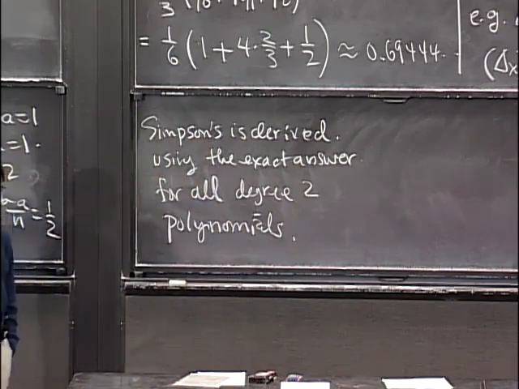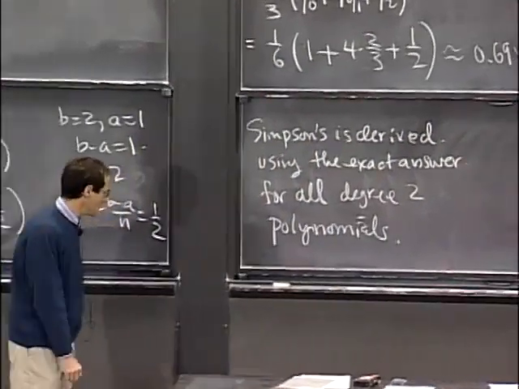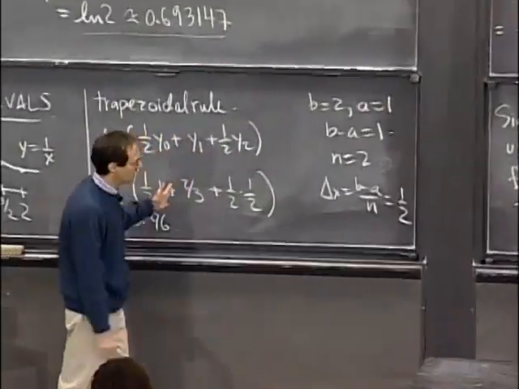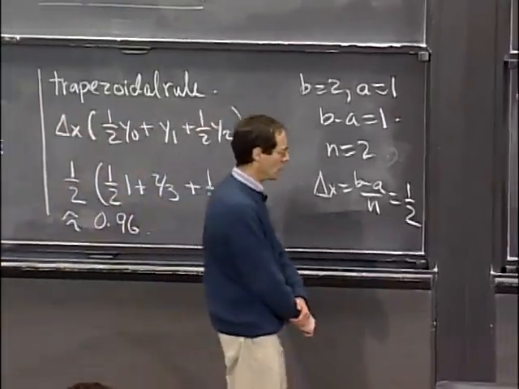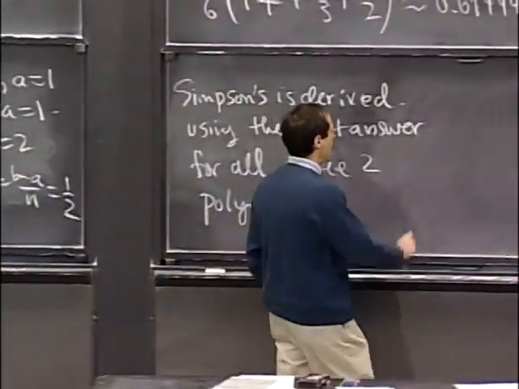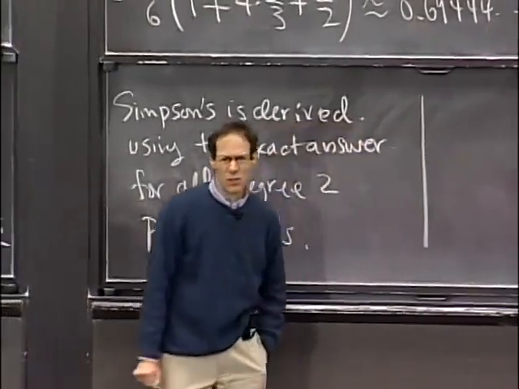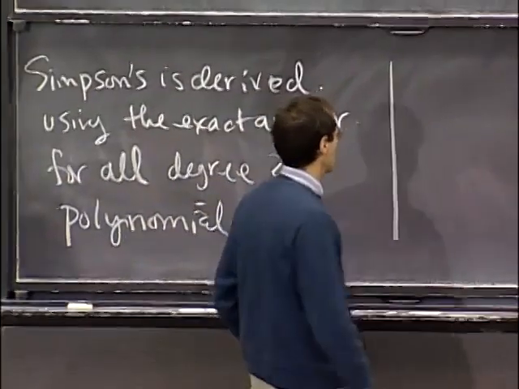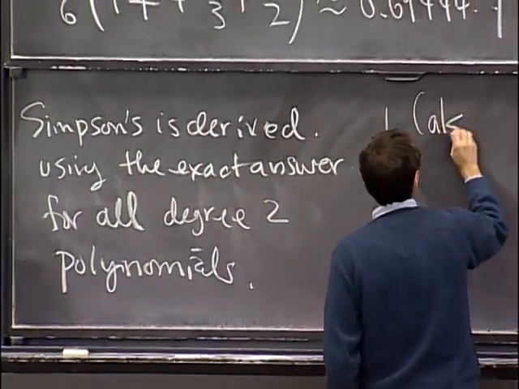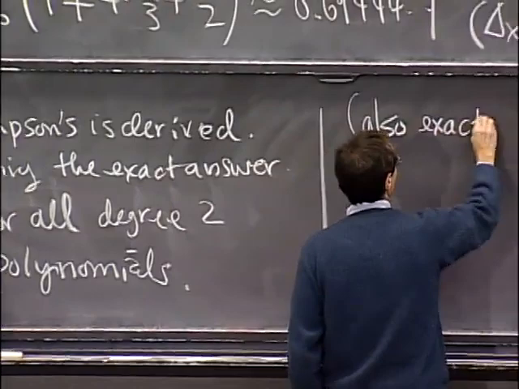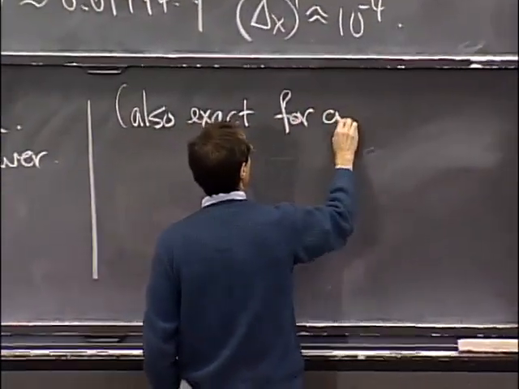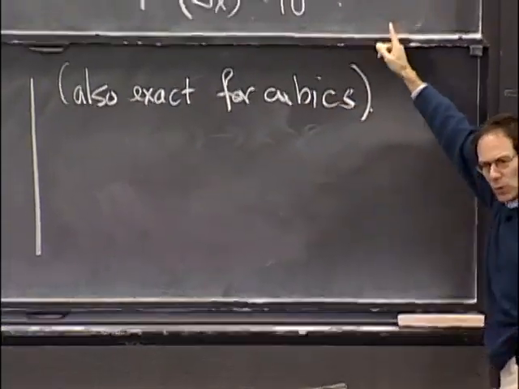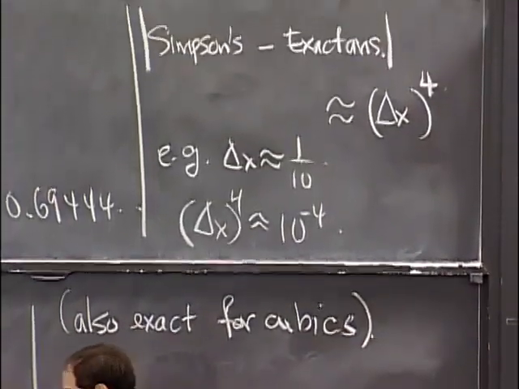But even all the ones of lower degrees. So straight lines would work and constants would work as well. Whereas the other ones only work for, say, straight lines. The trapezoidal rule only works for straight lines. But there is a weird accident. It turns out that it also works for cubics. Once you get the formulas, it works for cubics. So it's also exact for cubics.